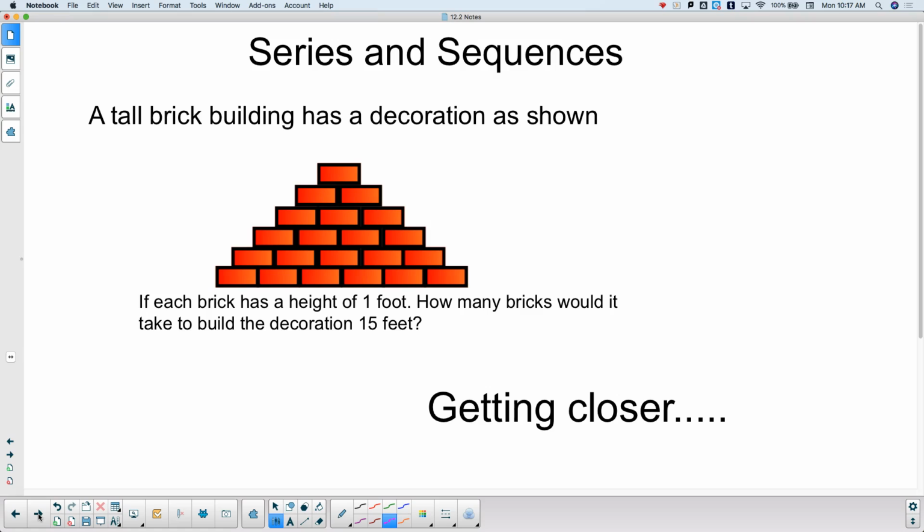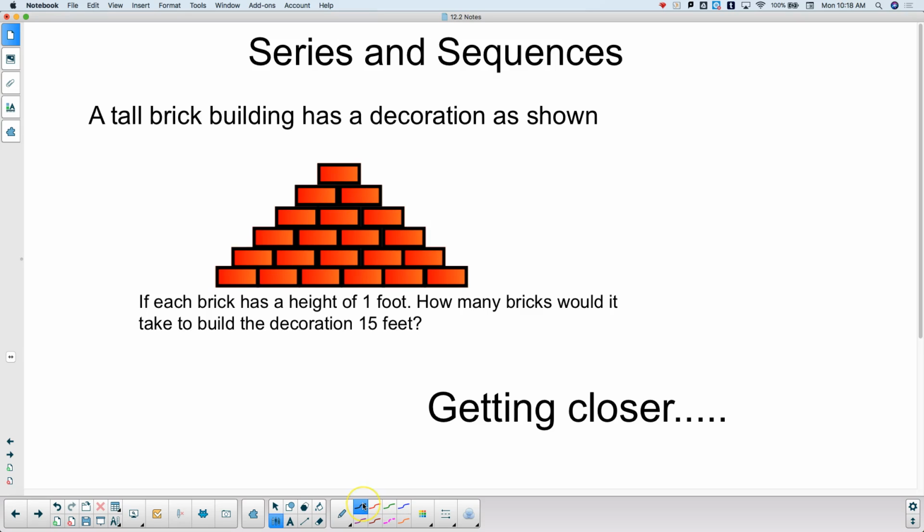Last Friday, I gave you this example. Each brick has a height of 1 foot. How many bricks would it take to build the decoration that is 15 feet high? And we also added the question last Friday, how many bricks are in that last row?